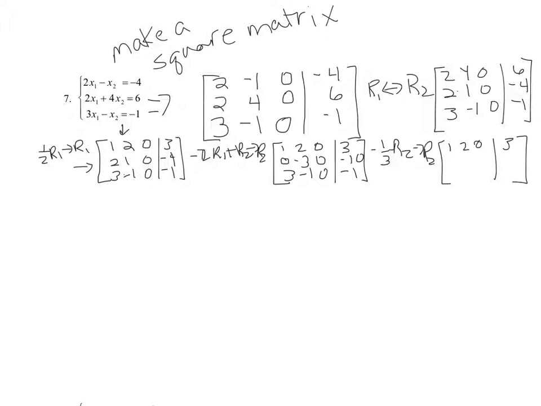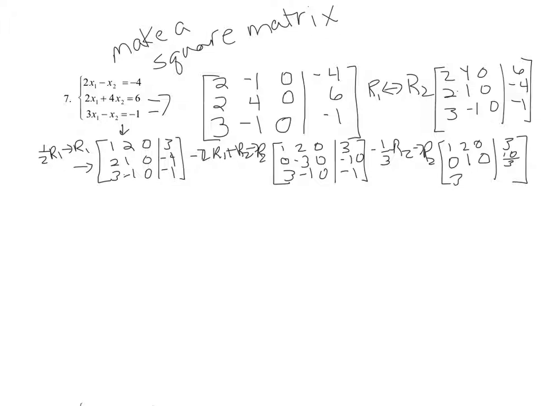If I multiply everything in the second row by negative 1/3, I have 0, 1, 0. Now if I multiply a negative 10 times a negative 1/3, I will get a fraction, and it's going to be a positive 10/3. And that's okay. Fractions are going to be unavoidable at some point in here, most likely.